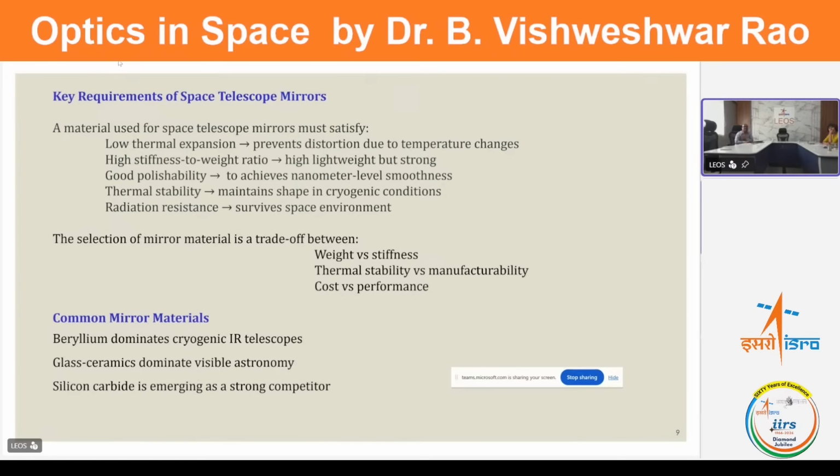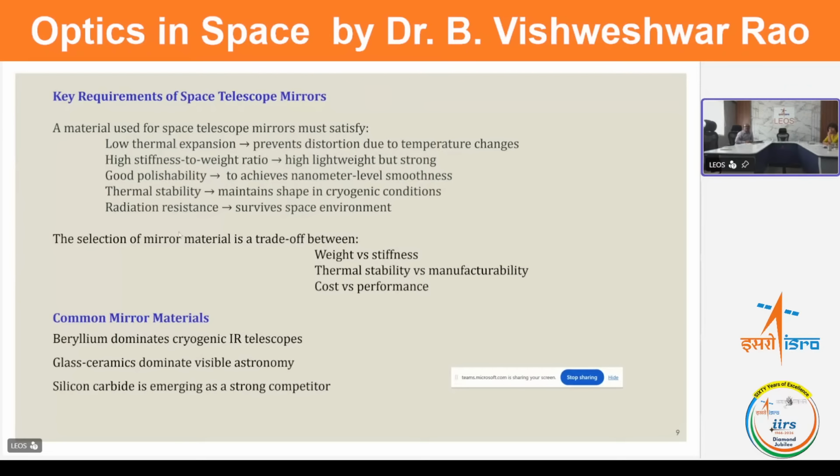So next are the requirements. When it comes to challenges, what requirements do we need to take care of? Space telescope mirrors generally need low thermal expansion, which prevents distortion due to temperature variations, and a high stiffness-to-weight ratio. Because bigger mirrors need lightweighting, they should have a high lightweighting percentage and also high stiffness.